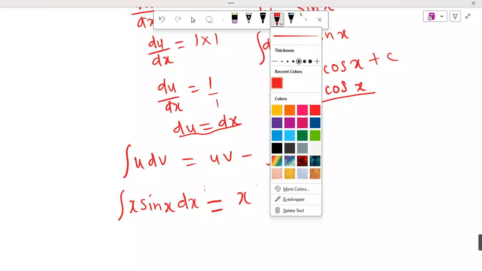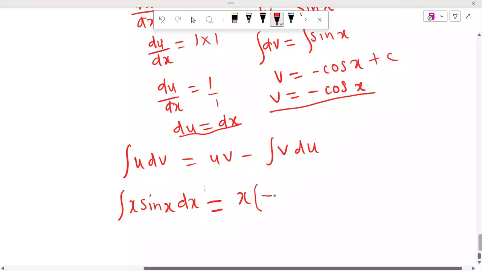So you have u, which is x, then v, which is negative cos x, close bracket, minus integral, what is v? v is negative cos x. Then what is du? du is the same as dx, so we just write dx.